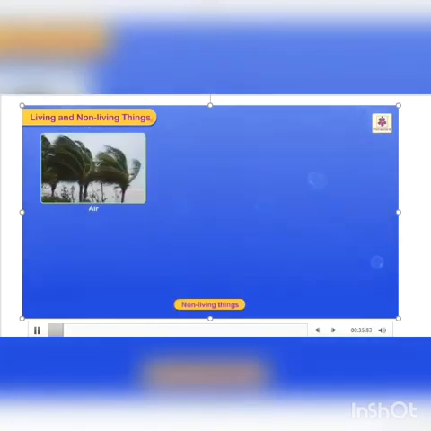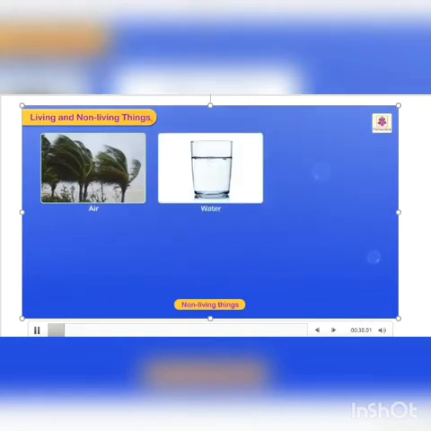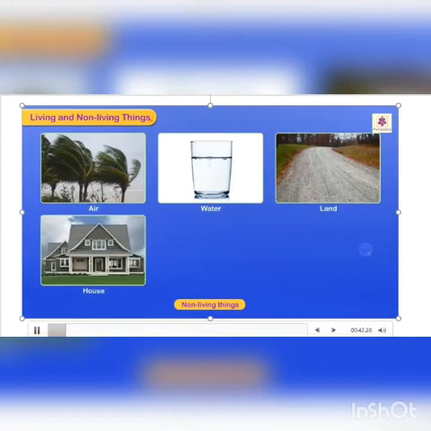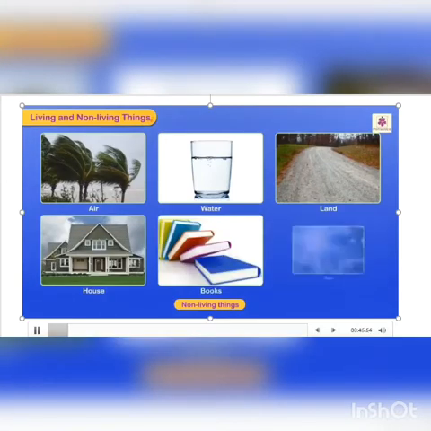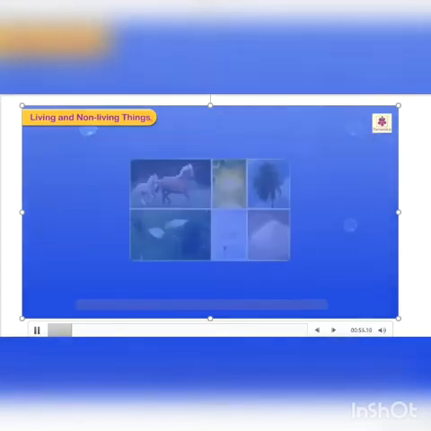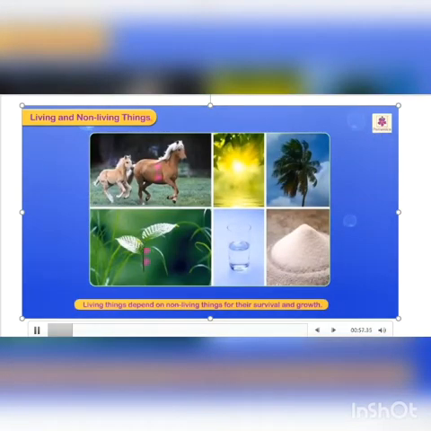While the air you breathe, the water you drink, the land on which you walk, the house in which you live, the books you read, and the sun that lights our day are all examples of non-living things. Living things depend on non-living things for their survival and growth.